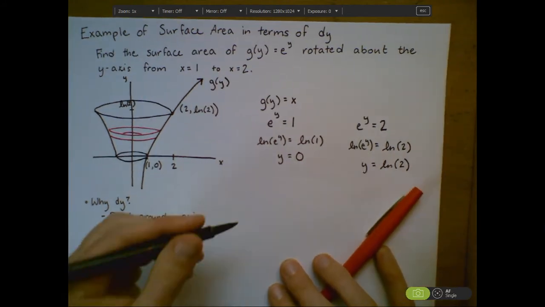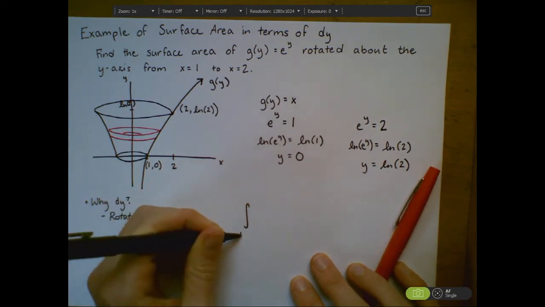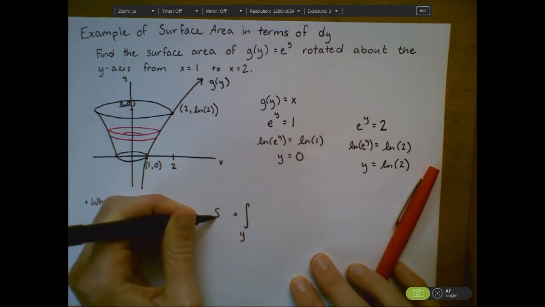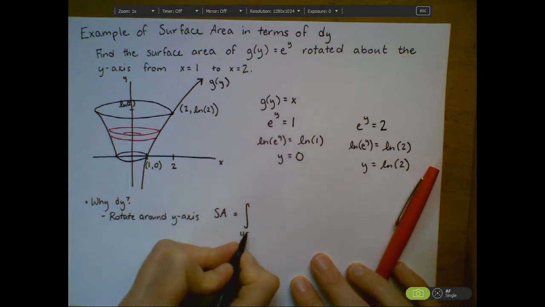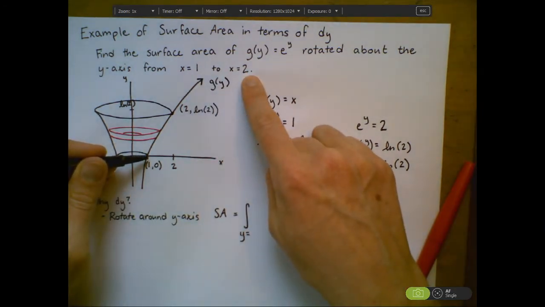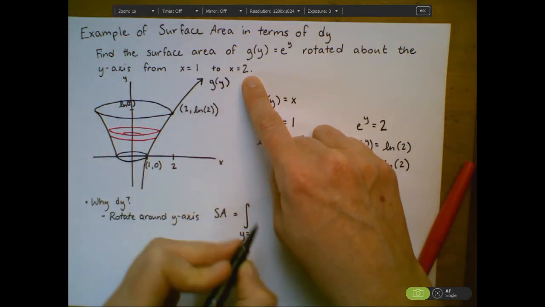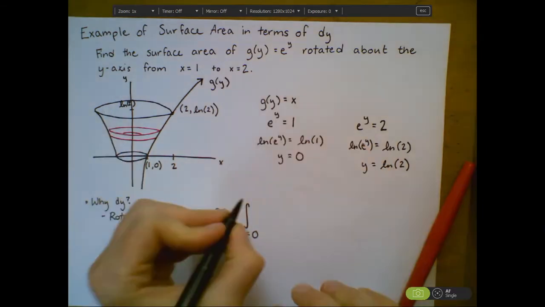But at this point, we're ready to set up our integration, because we have all the pieces that we know. We know that our bounds, so this is our surface area, our bounds are going from where x equals 1 to 2, but because we're integrating with respect to y, it's where our y values are going from 0 to natural log of 2.